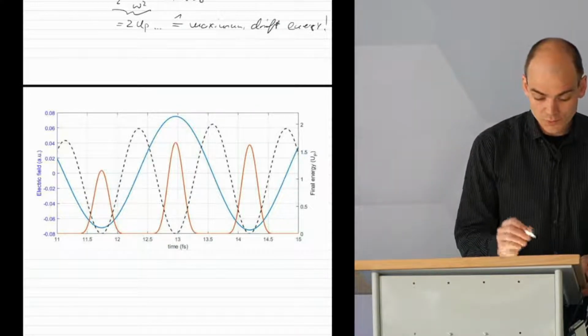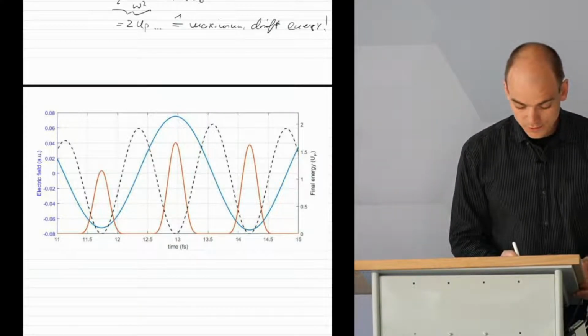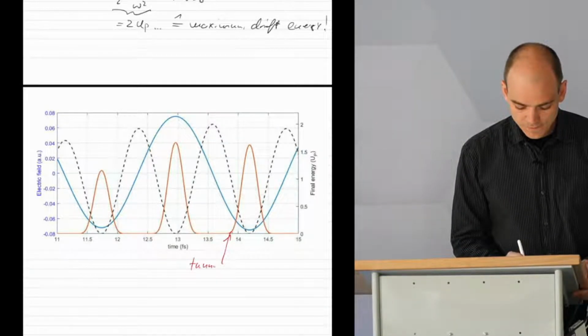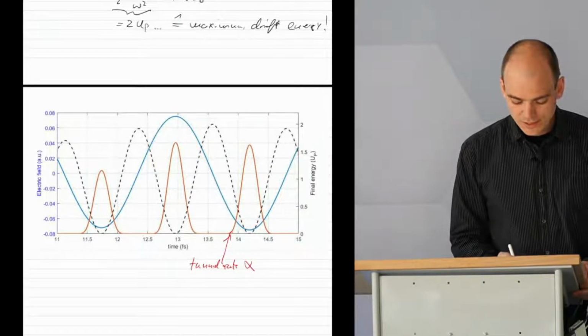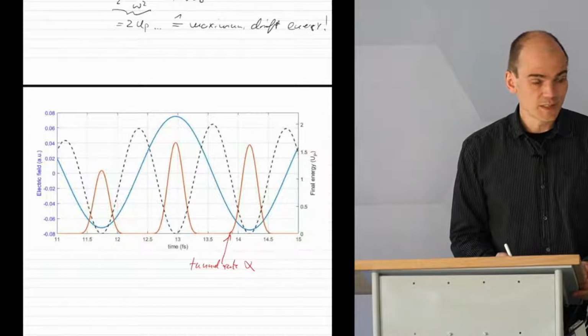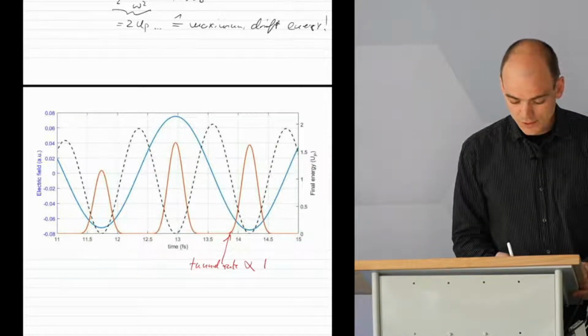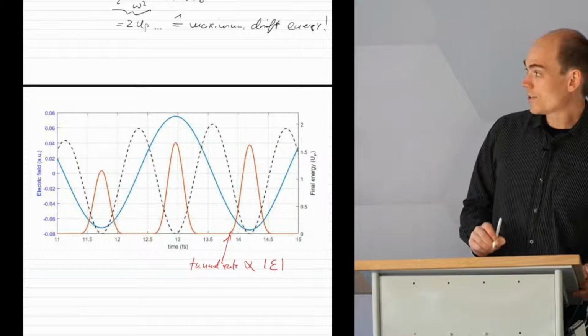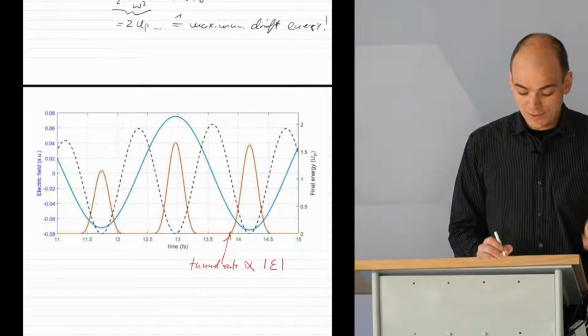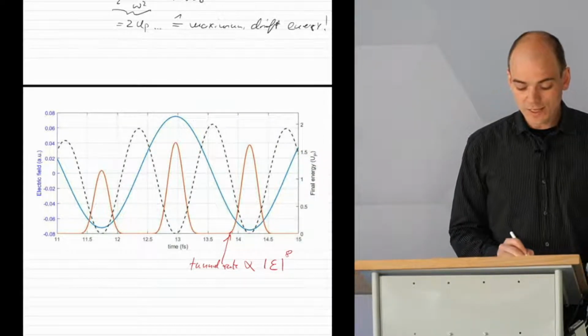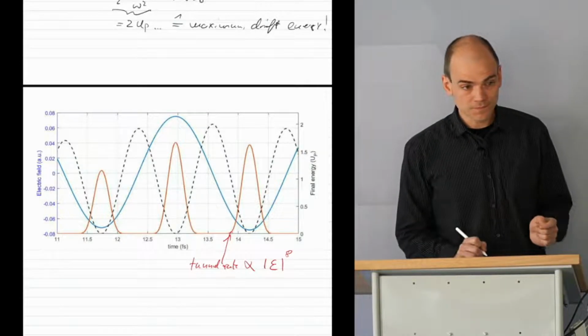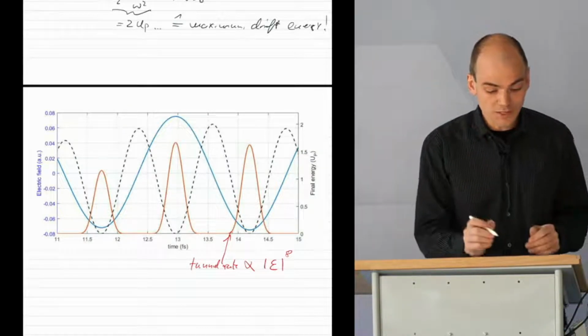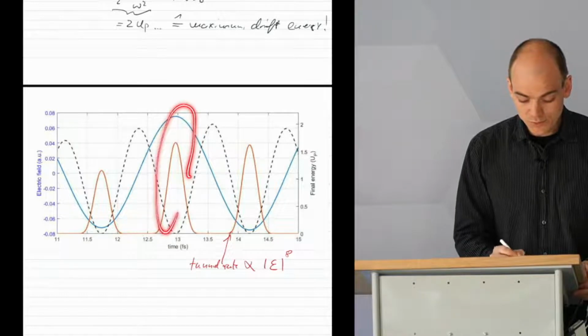So this could be, for example, this function here, the ionization rate or tunneling rate. And if I remember correctly, I assumed here that the tunnel rate is proportional to the magnitude of the electric field to the 8th power or so. So it's highly confined to the area around the peaks of the field.